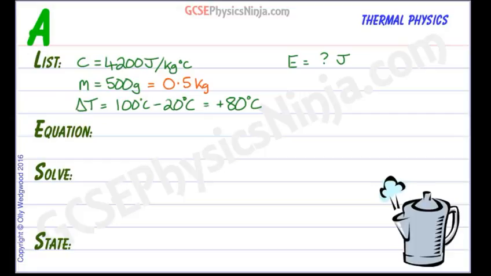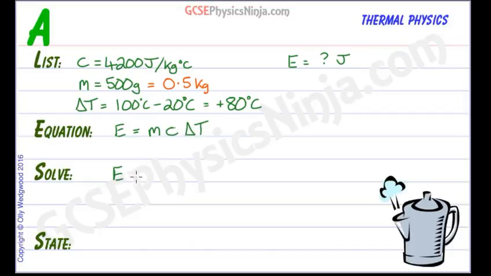Now we're ready to go on and write down the equation which links all of these quantities together. It's the specific heat capacity equation. E is mass times the specific heat capacity times the change in temperature.